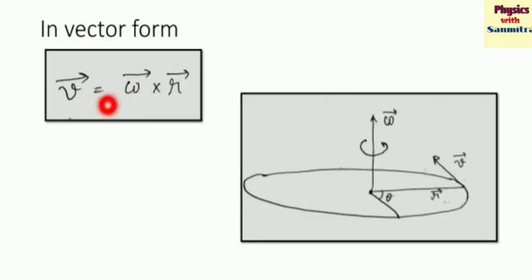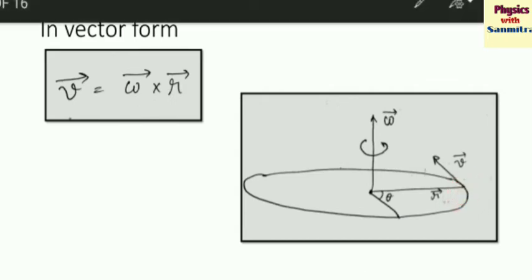In vector form, it is defined as v vector is equal to omega vector cross r vector, where r vector is the position vector of the particle. This is my r vector, this is the particle, point P. Now it is moving with a velocity v in the plane of the circle. Now what is omega cross r?